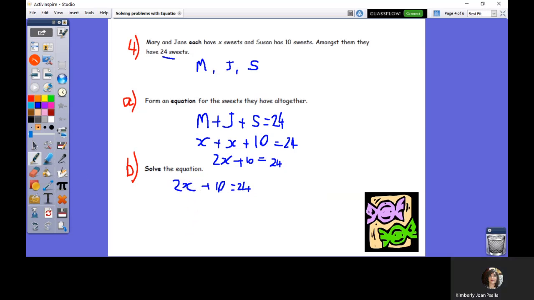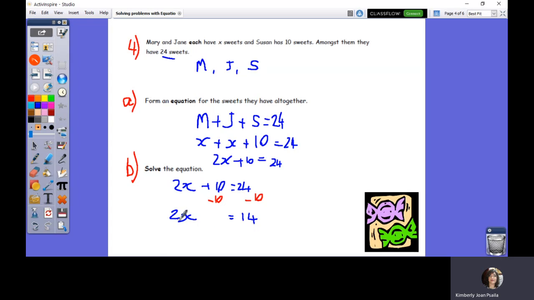Okay, so first get rid of that positive 10 by subtracting 10 from the right hand side. We are left with 2x, 10 minus 10 gives us 0. 24 minus 10 gives us 14.